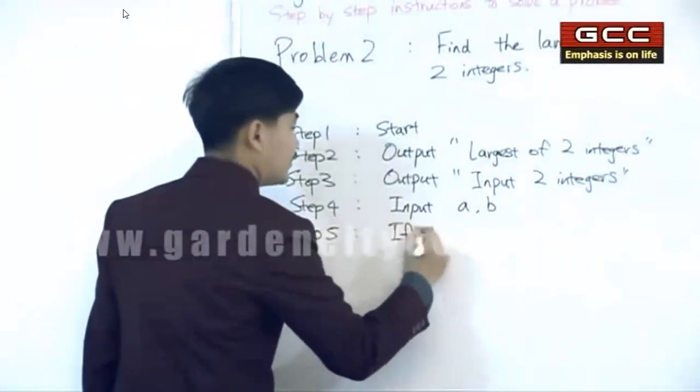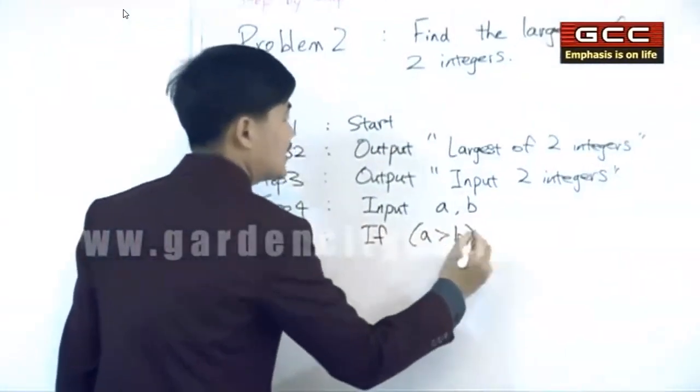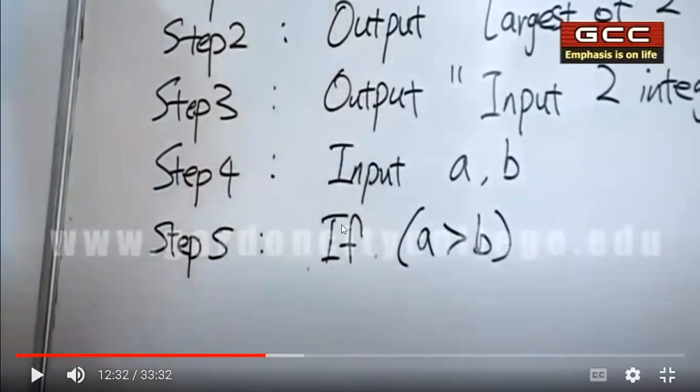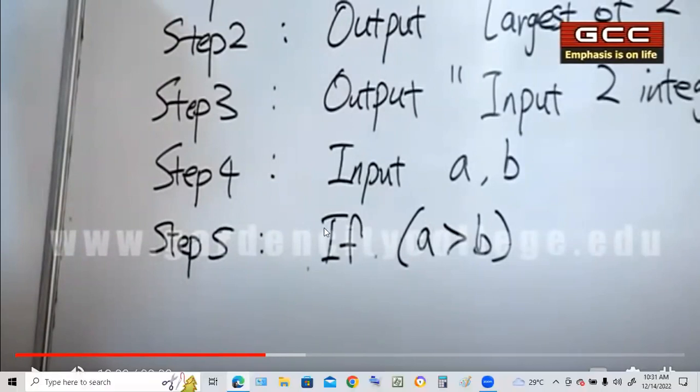we need to compare. If A is bigger than B, since we're looking for a larger number between A and B. This if right here is called a conditional line, right?